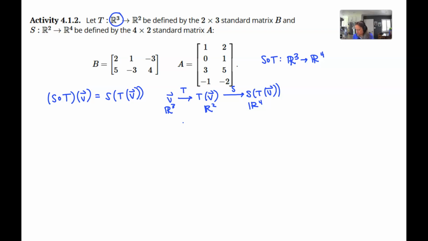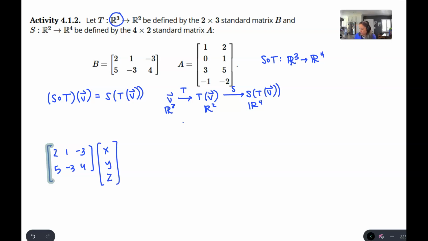So we're going to take some vector from R3. Let's just go ahead, X, Y, Z, and figure out what that is. For this one, we're using our standard matrix B. I need more space than I gave myself. So if I want to deal with that one, 2, 1, -3, 5, -3, 4, I'm going to have that with our X, Y, and Z. We can do that matrix multiplication, which we're not supposed to know super well at this point, but we know we're multiplying by a column vector.